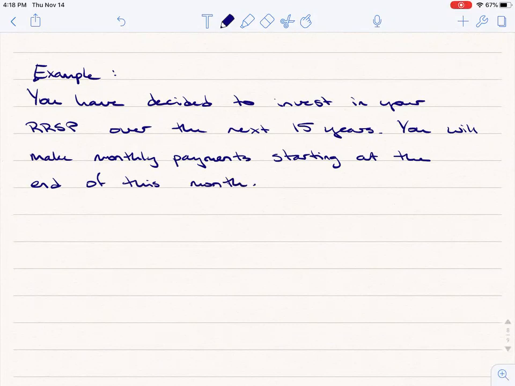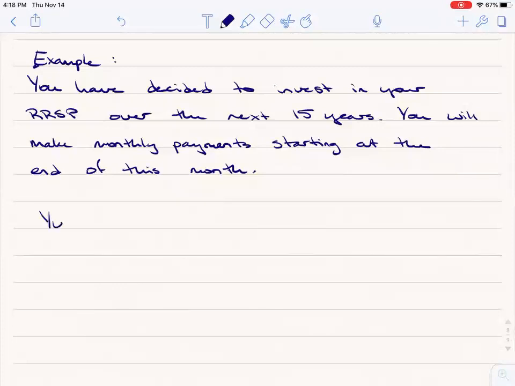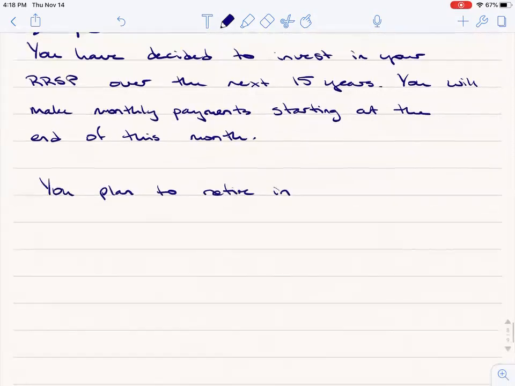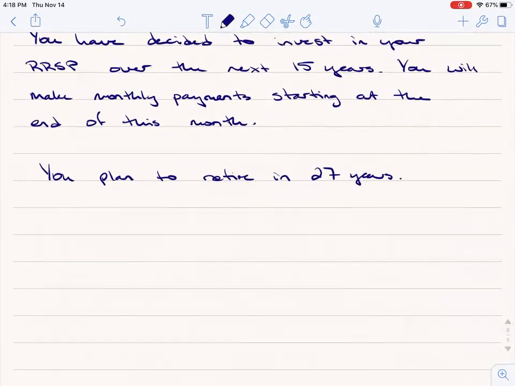Okay. That's the first part. You plan to retire in 27 years. You want your RRSP to pay out $2,000 at the beginning of each biweekly period for 20 years once you retire.